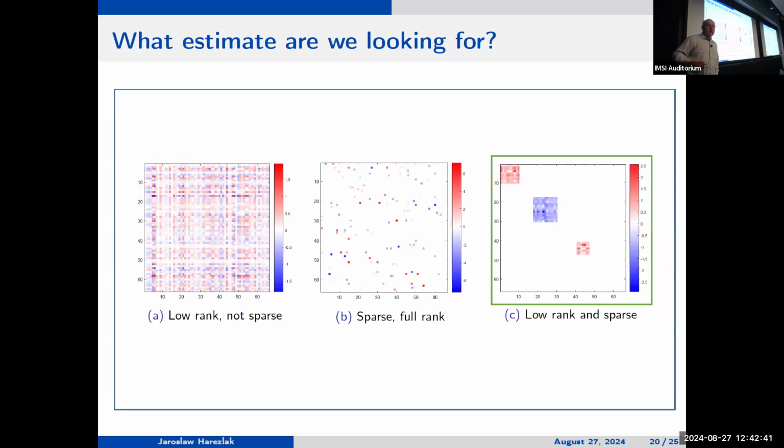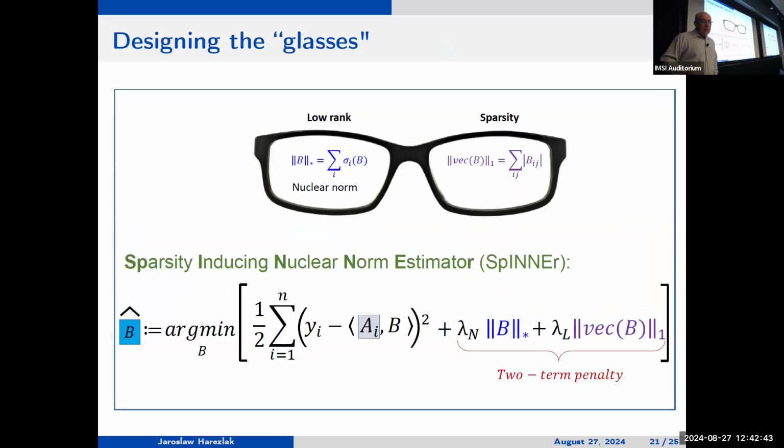Again, we're looking for those structures. One of the ways to get at that is to use penalized regression, which works for both low rank estimation, which will give us the structured solution, but also we want sparsity.